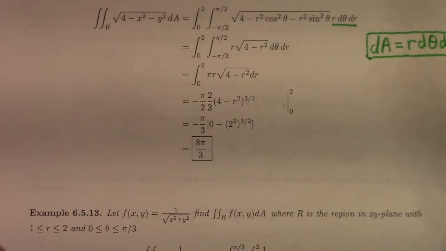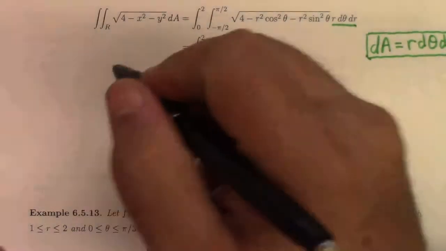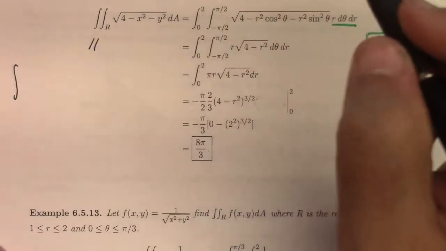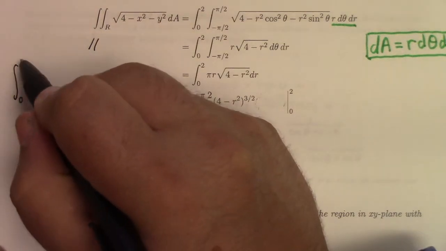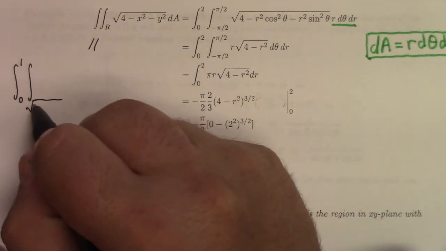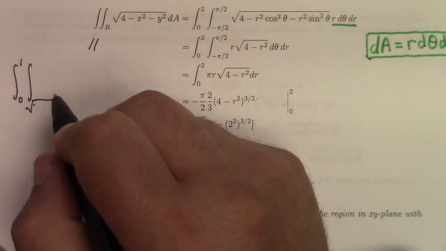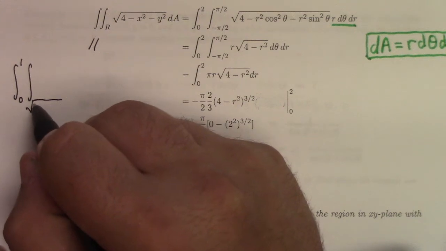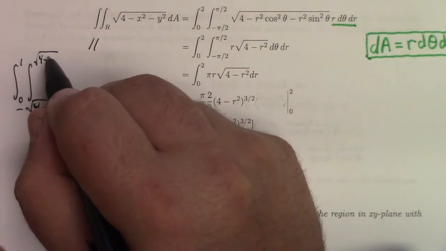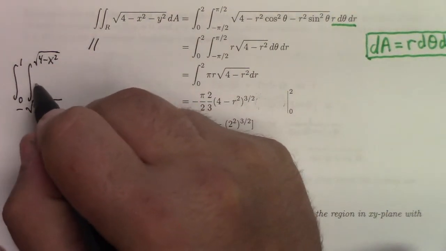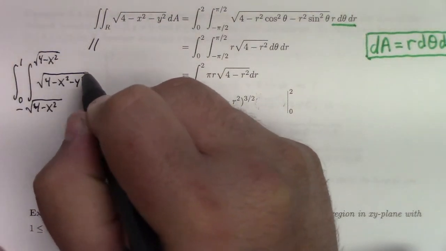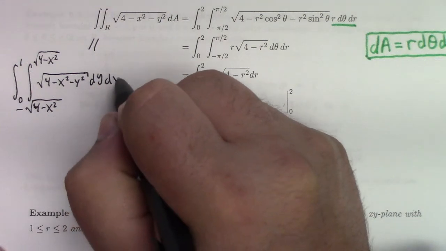Now, of course, this integral would have been much, much nastier if we had done it directly in Cartesian variables. We would have done something like the integral from 0 to 2, integral from... let's see here, it's a circle, so the square root of 4 minus x squared would be my y bounds, square root of 4 minus x squared minus y squared dy dx.